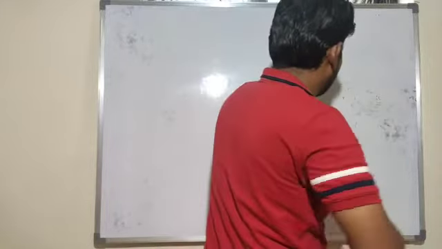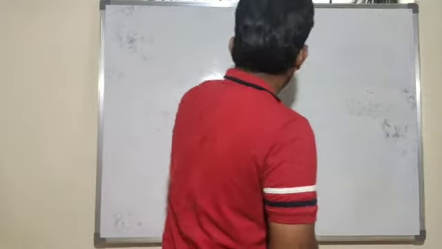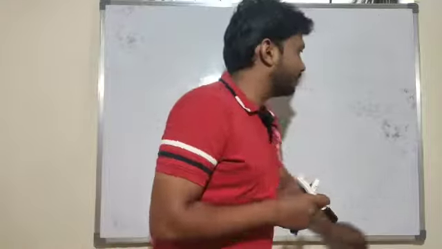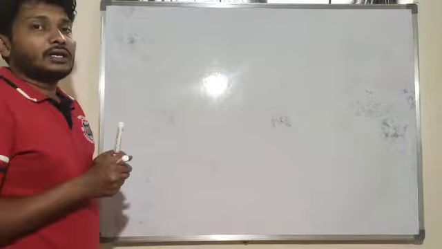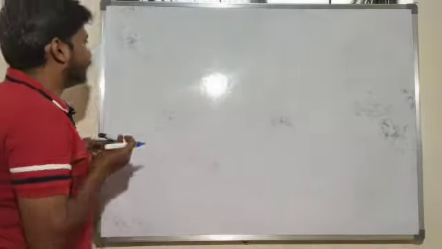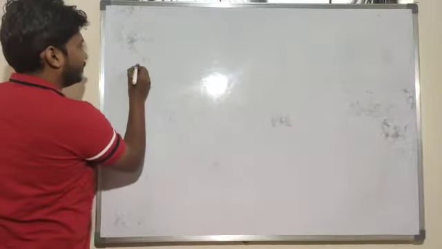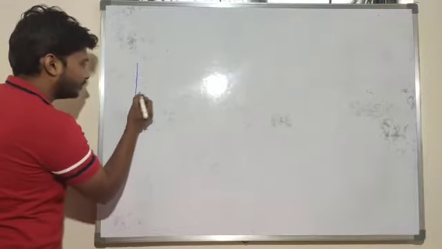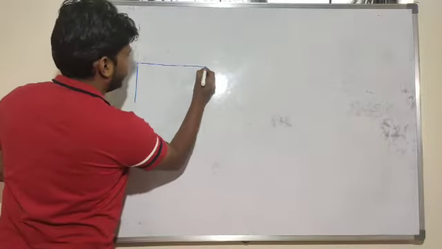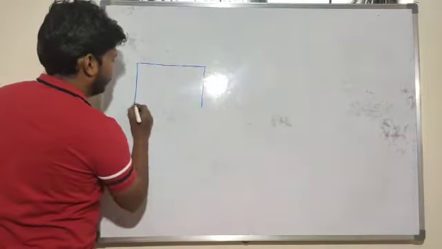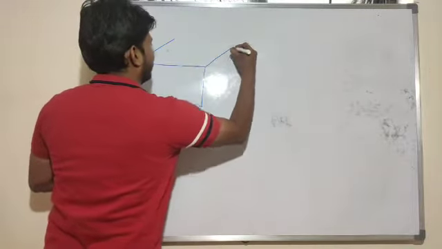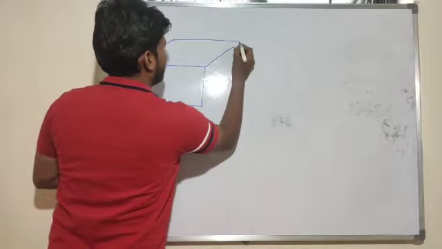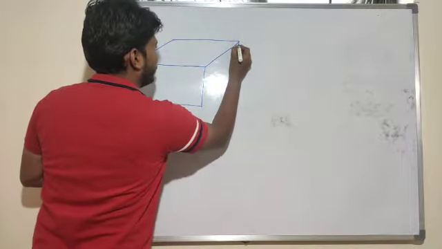So in case of the cube, the cube is made up of 12 identical resistances. So I will construct one cube here. While constructing the cube, I will use those 12 identical resistances. So let me draw one cube here. So this is one cube.